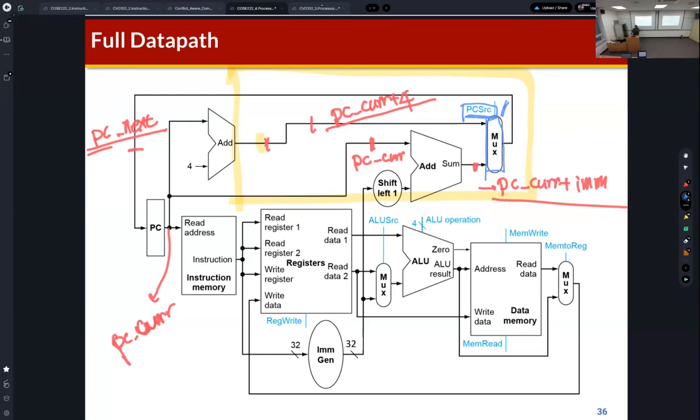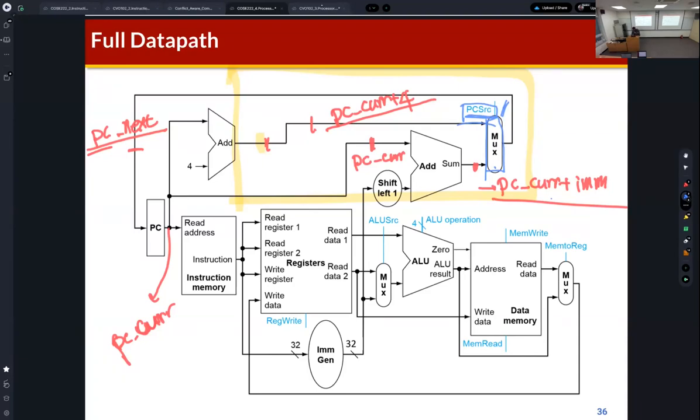Based on this PC source, PC_next can be PC_curr plus 4, the normal next instruction, or PC_curr plus immediate, the target of a branch instruction.